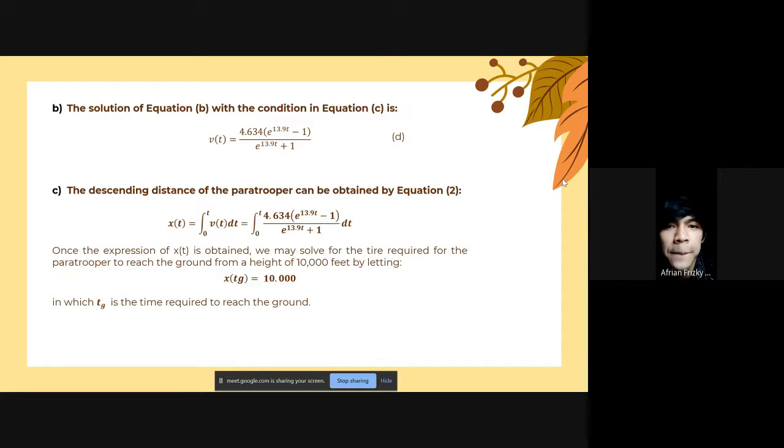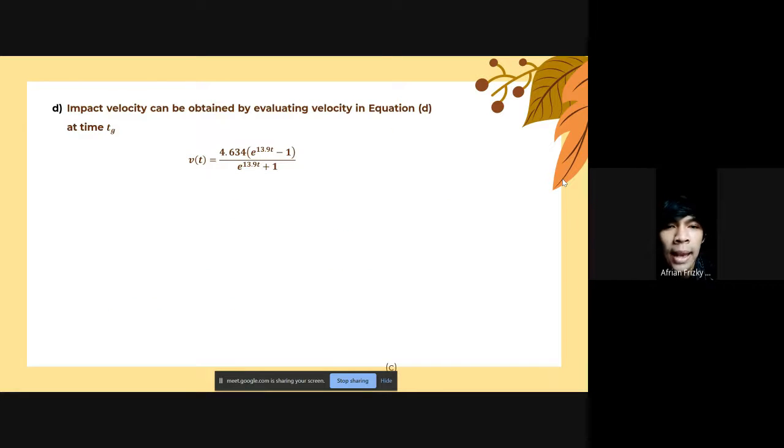And last, the impact velocity can be obtained by evaluating the velocity in equation D at time tg, and we have V(t) equals 4.634 times (exponential of 13.90 t minus 1) divided by (exponential of 13.90 t plus 1).